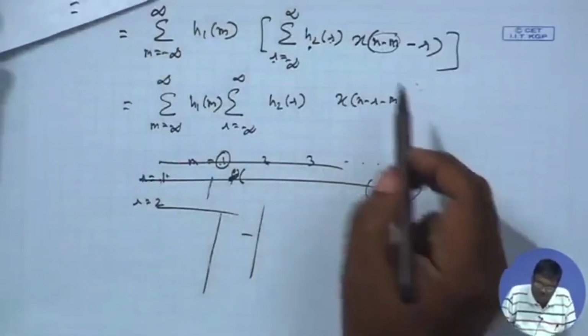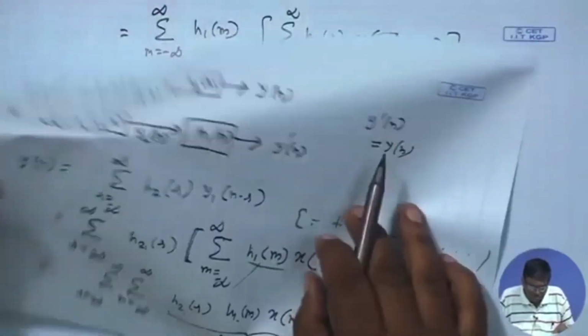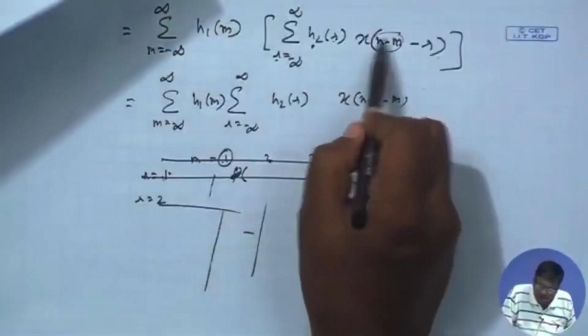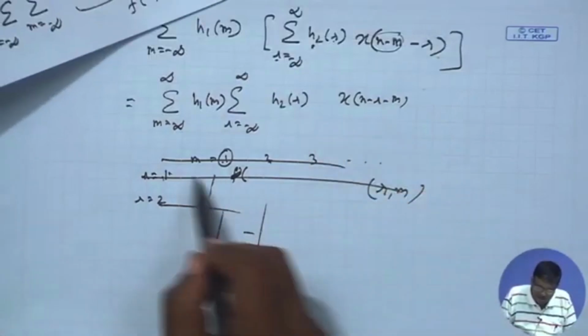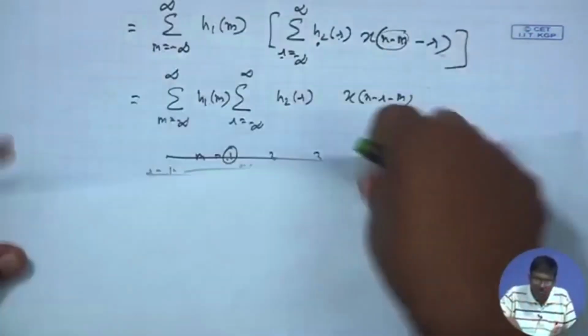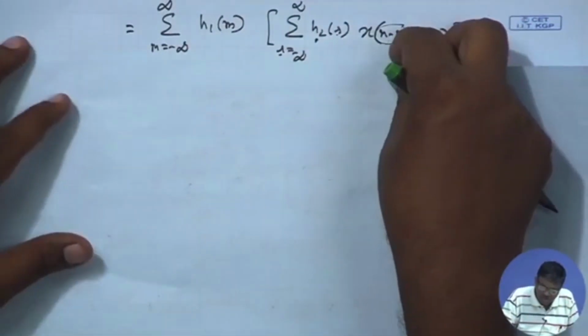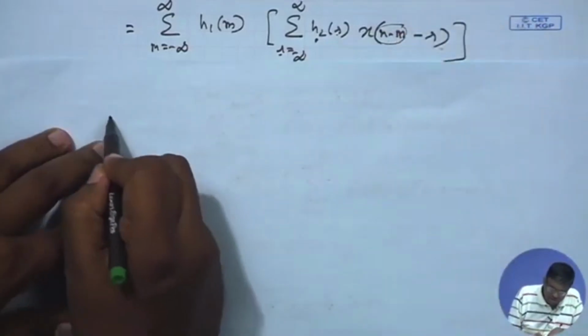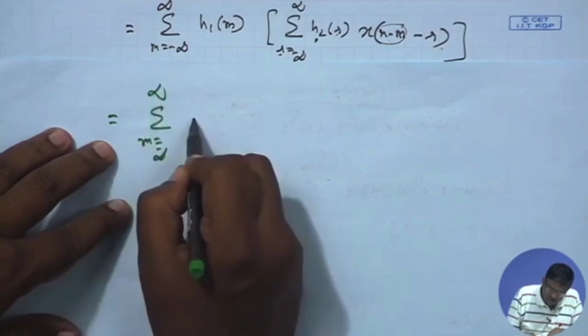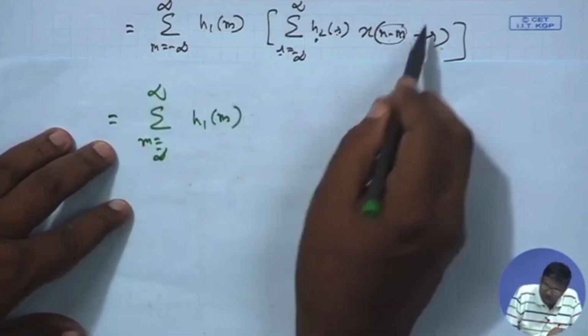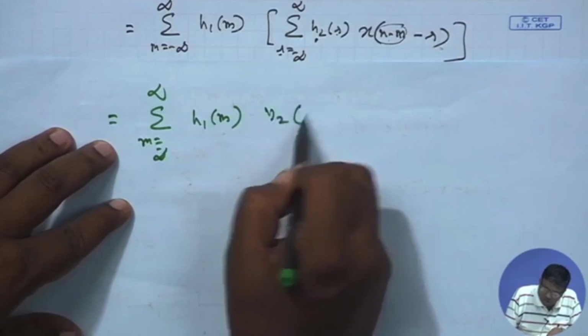So this is y2, but at this point. That means this is h1 m times y2, but at this point.